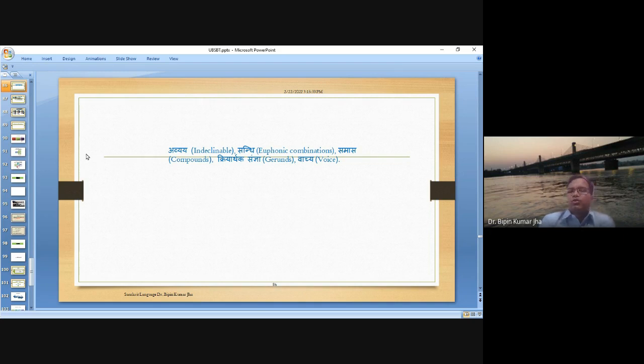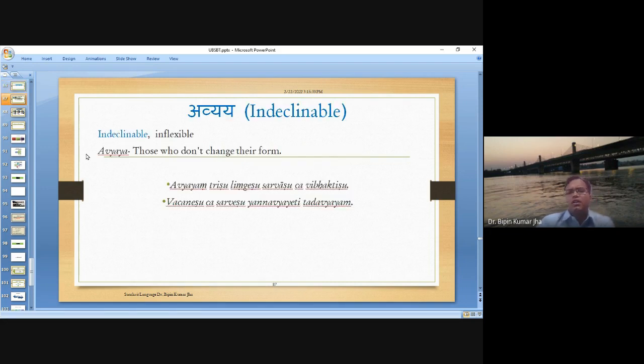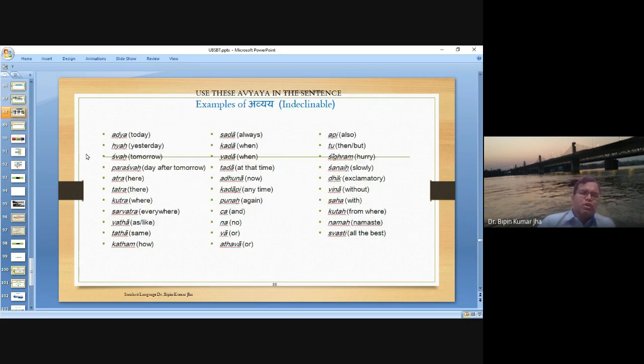Along with these notions, naam, akhyat, upasarg, and nipat, you need to understand about sandhi rules, rules of euphonic combinations, compounds, the rule of compounds, that is samas, gerund, voice. All these are very important, but we are not going to elaborate all those components, because our goal is quite different.